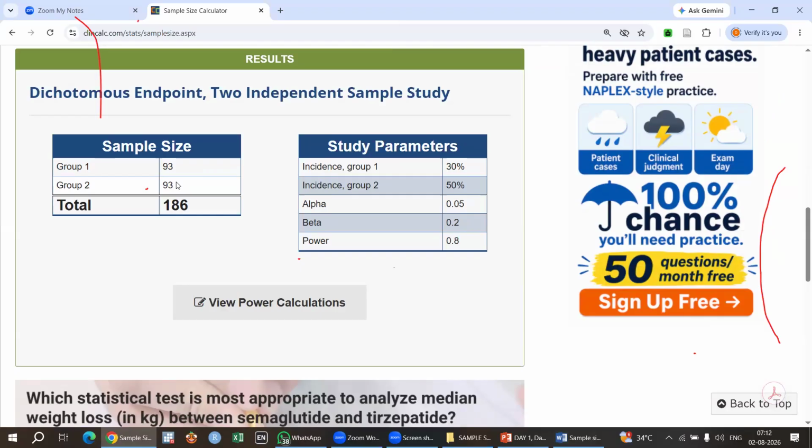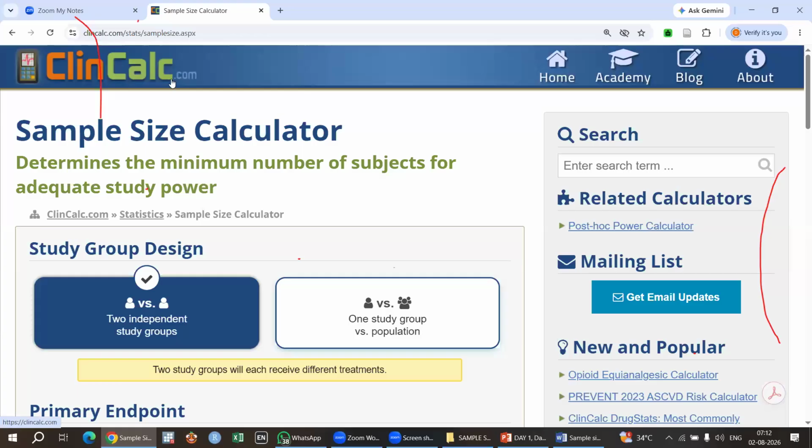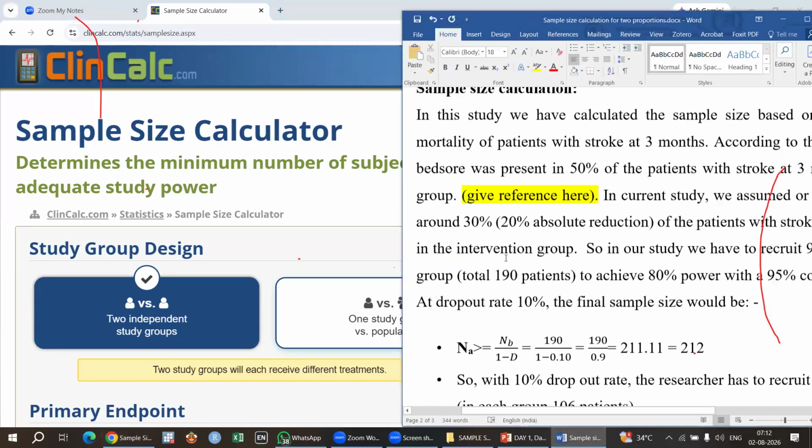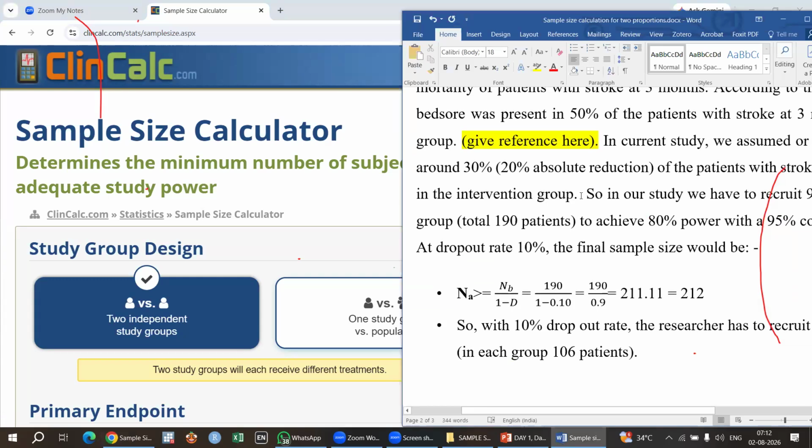And after that, you have to mention where you calculated the sample size from. Sample size was calculated using the clinicalc.com online calculator. You have to mention it here, before this, that the sample size was calculated using this software.